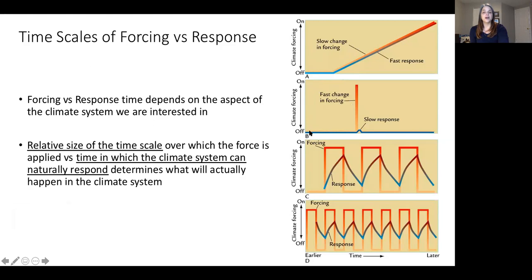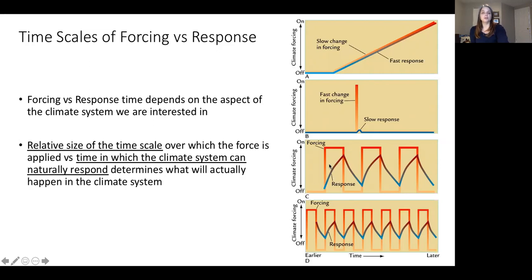In our next one here, we have an example of a really fast change. So there's an on-off forcing mechanism and a really slow response, so the magnitude of that response is actually quite small. In these last two diagrams, we see examples of when that forcing mechanism is turned on and turned off. Depending on how long it takes for a particular component to respond, it ends up being a delay.